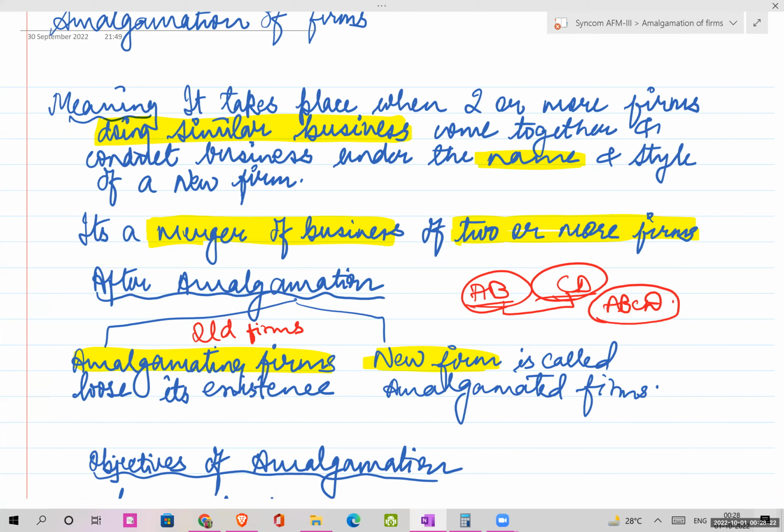That's called amalgamation. I gave this example where AB and CD are two different firms combining together and making a new name called ABCD. In amalgamation, the old firms lose their existence and the new firm comes into picture.